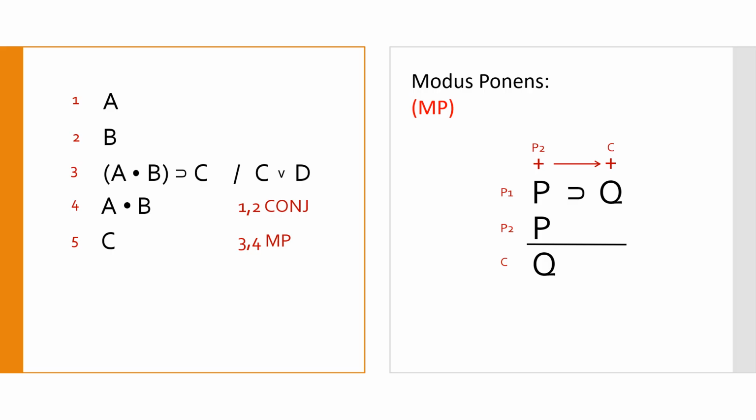So notice here we have in fact established that the antecedent of the third premise, if A and B are true, then C is true, that A and B is in fact correct. And if we know that the antecedent is true, then by rules of modus ponens, this necessarily proves that the consequent, which in this case is C, must be true as well.